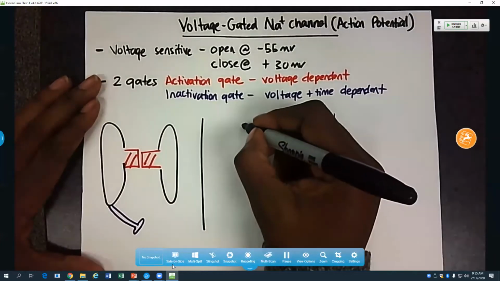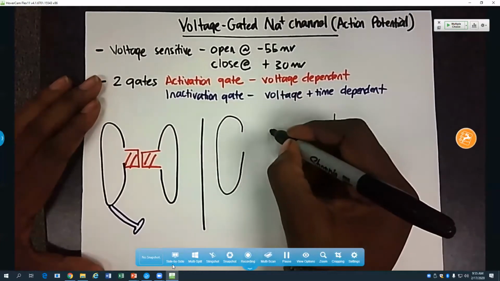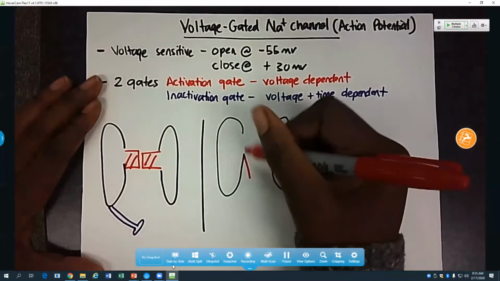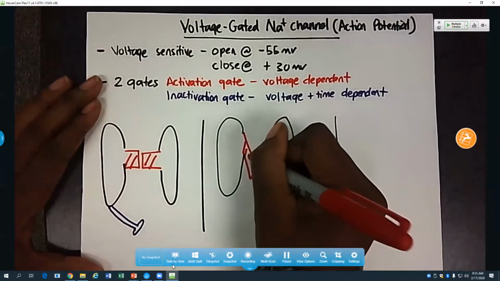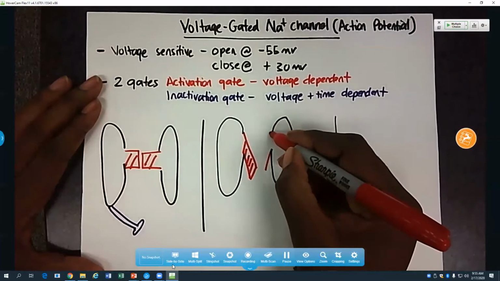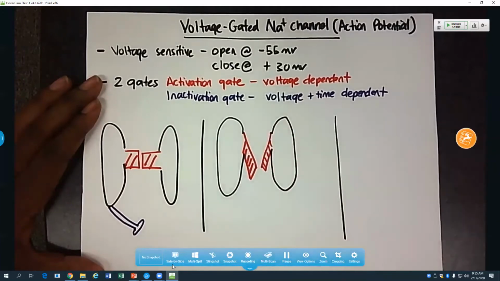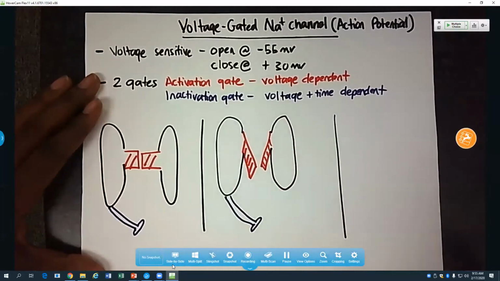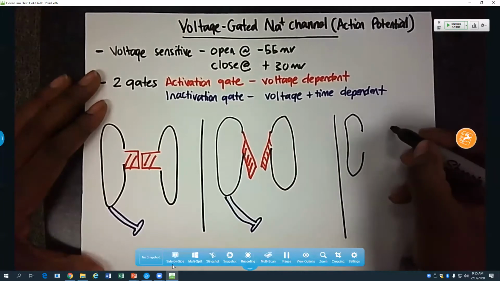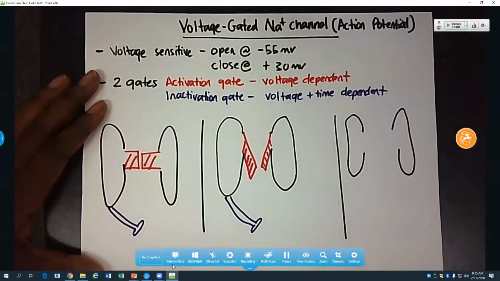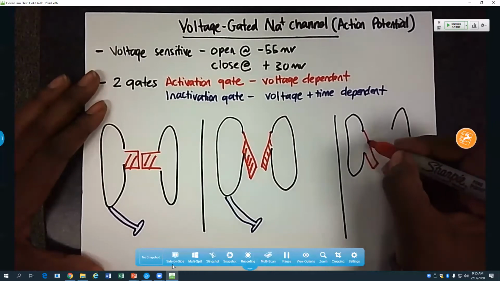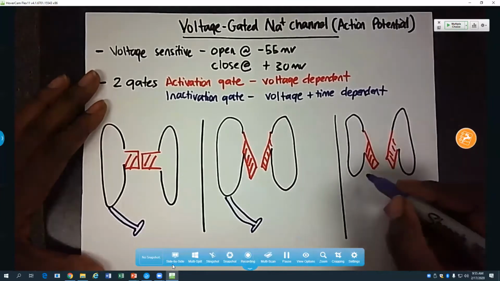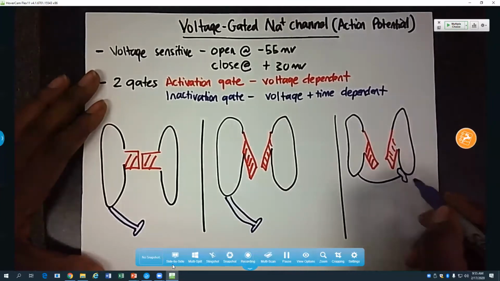The second state of our channel has to do with opening up of the activation gates and opening up of the inactivation gates. And then this third state of our channel is where the activation gates are open, but the inactivation gates are closed.